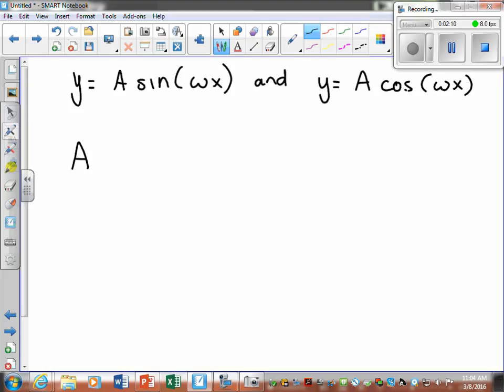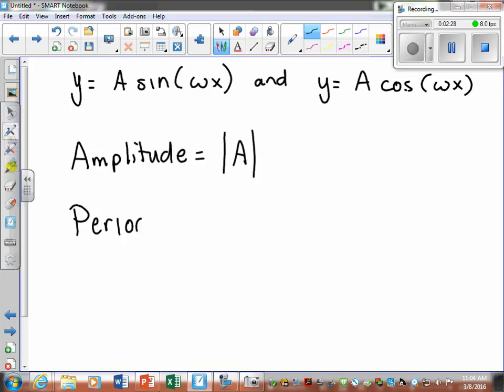Our amplitude, whoops, amplitude, can't write and talk at the same time, is defined by the absolute value of A because it's a distance. So our value there is going to always be positive. And our period, sometimes denoted capital T, we'll evaluate by calculating 2 pi over omega.